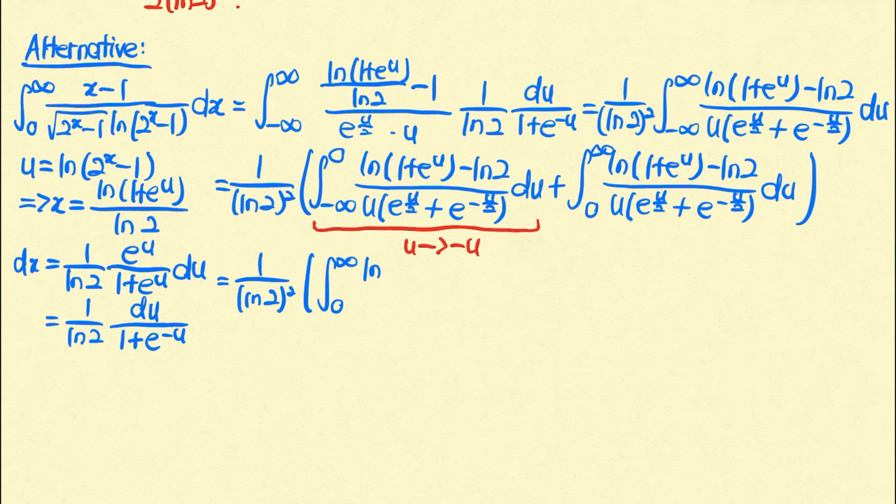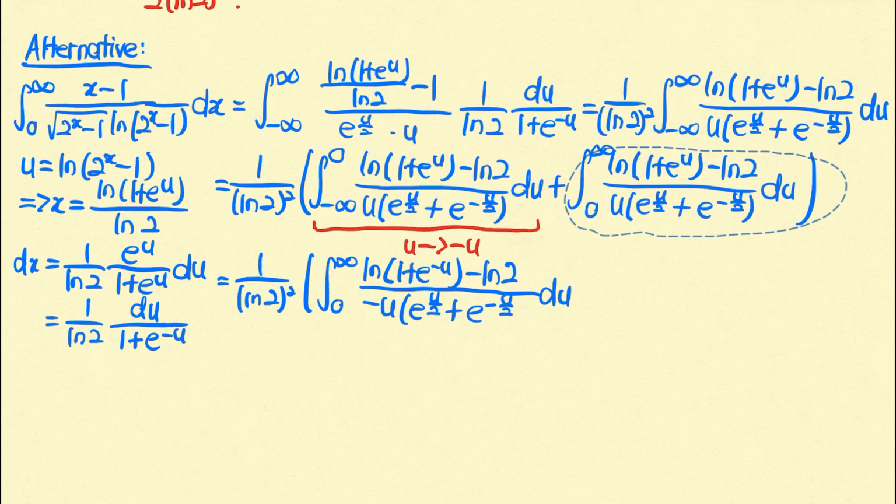We have (natural log of (1 plus e^(negative u)) minus natural log of 2) all over negative u times (e^(u/2) plus e^(negative u/2)) du. And then the second part is the same.